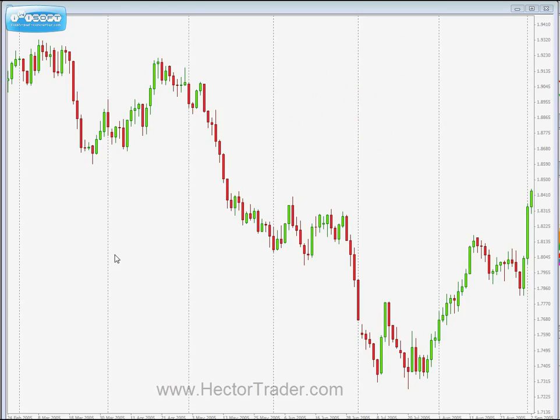As you guys know, I am a conservative trader, I am a trend trader, and that means that I will only take breakouts of a triangle or breakouts of any price formation that take place in the direction of the main trend.